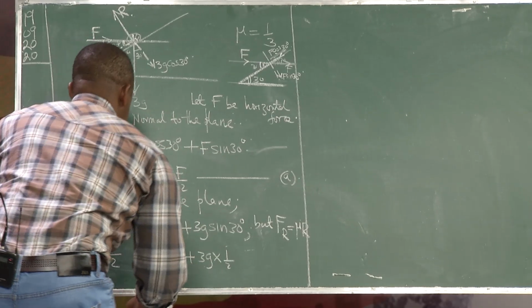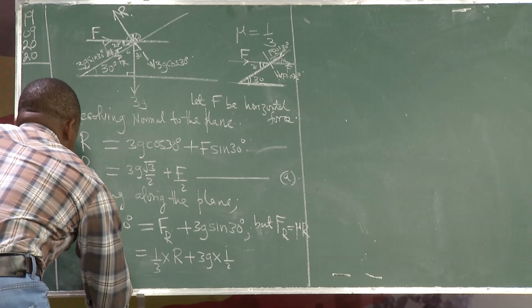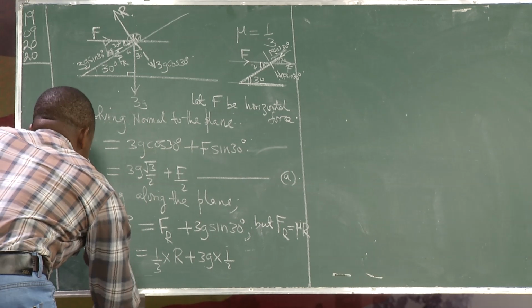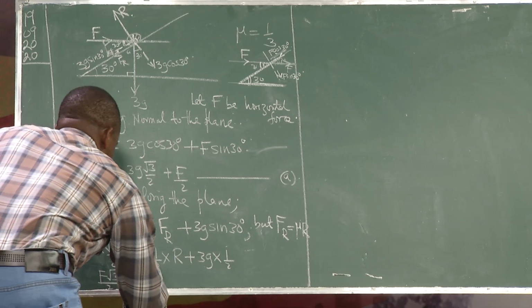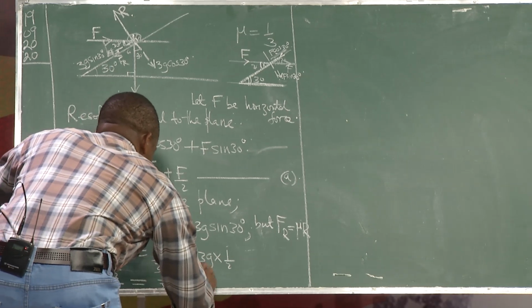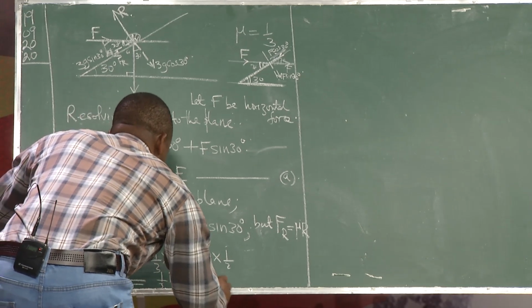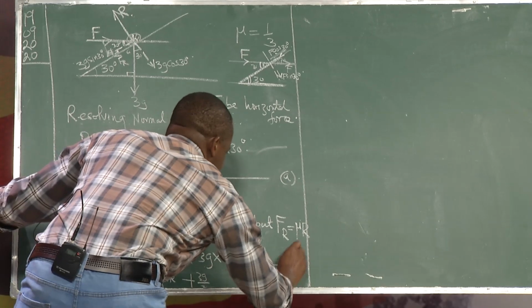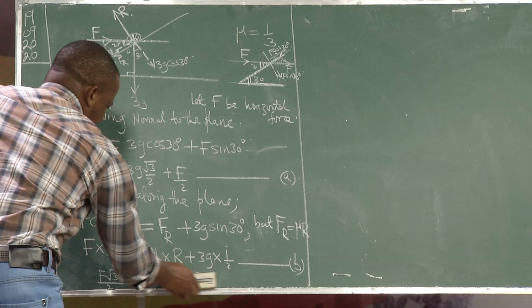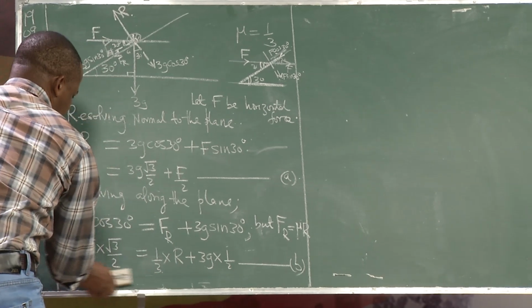So we can label this equation B: F root 3 over 2 is equal to a third R plus 3g over 2. We label it at this stage since the space under here is not enough.